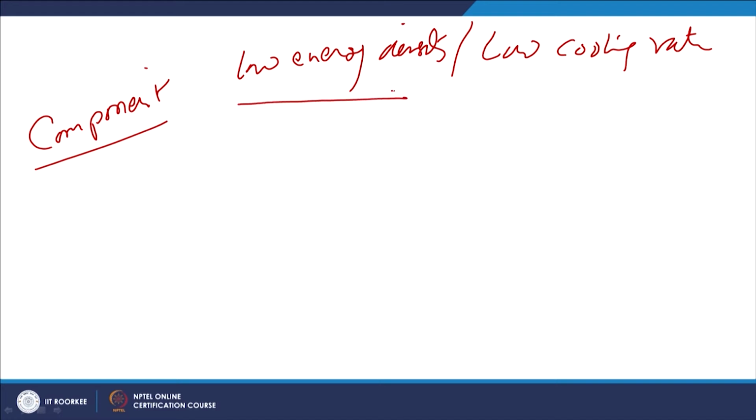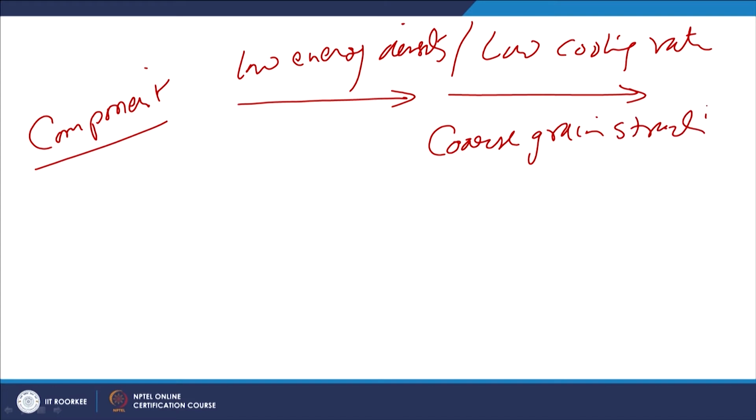Low energy density thermal processes lead to the application of higher heat, which in turn leads to a low cooling rate. And when such conditions are present during manufacturing, they lead to a coarse grain structure of the metal.